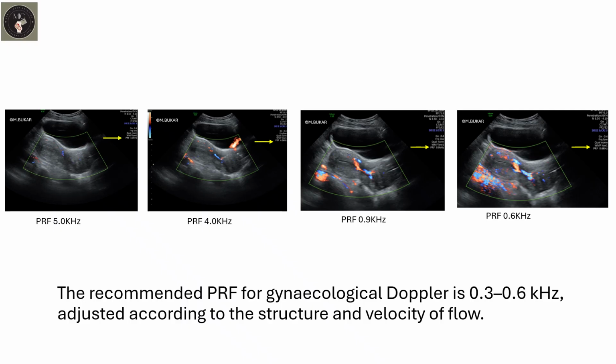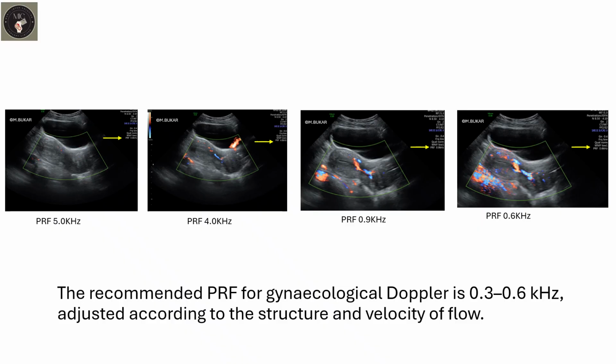You can see that the flow is not optimal here. Even the arcuate vessels are not picked. One cannot clearly define the origin of this lesion, and actually it's not really clear. Why? Because the PRF is high.